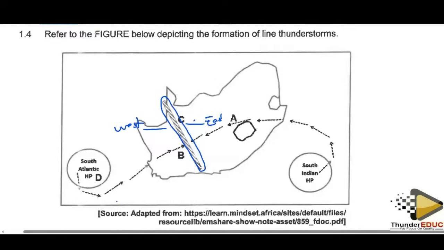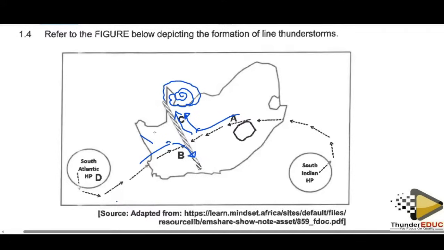So we said before that warm air and cold air meet over this area. So when they meet, this is our cold air coming in, and this is our warm air coming in. When they meet, cold air forces warm air to rise. And you must know this, what happens when warm air rises? It means it's going to condense.